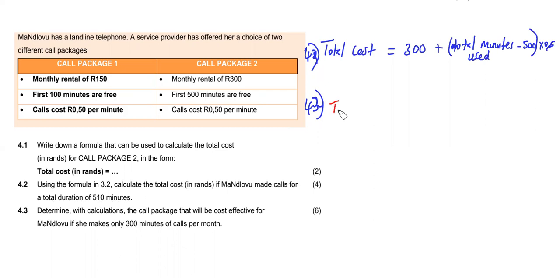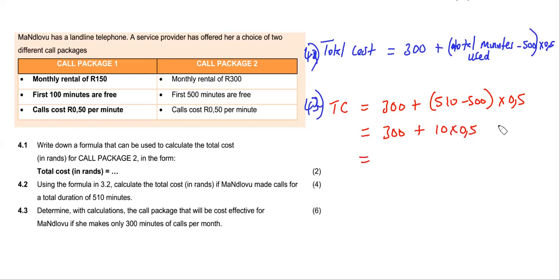So the total cost, TC, is going to be 300 plus 510 minus 500 times 0.5, which equals 300 plus 10 times 0.5. 10 times 0.5 gives us 5, and 300 plus 5 gives us 305. So the cost will be 305 rand.